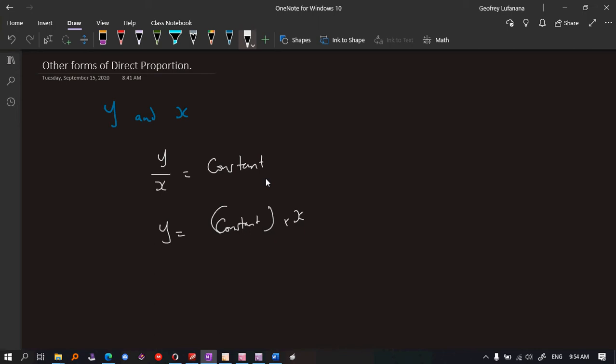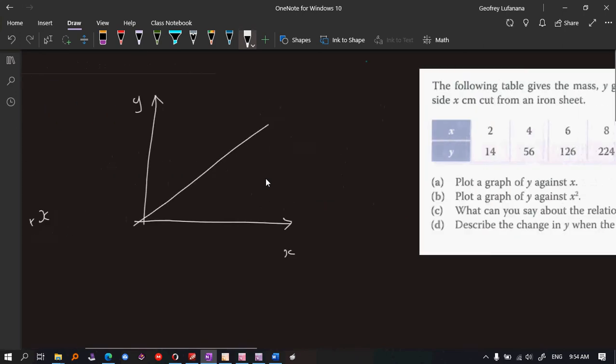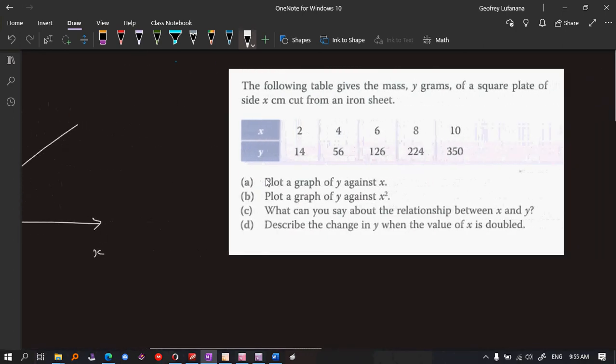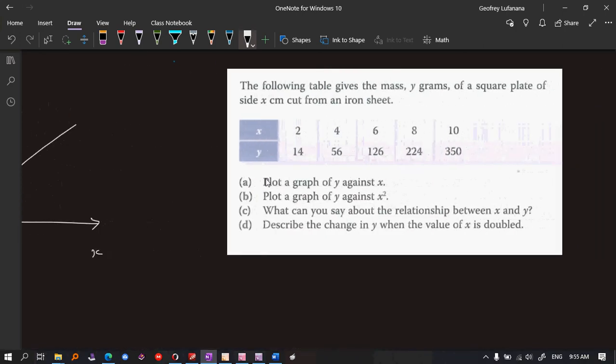And if you plotted a graph of y against x, it would be a straight line through the origin because they are directly proportional. Now, we are going to use this question to understand other forms of direct proportion.